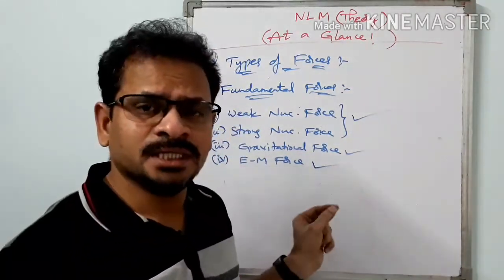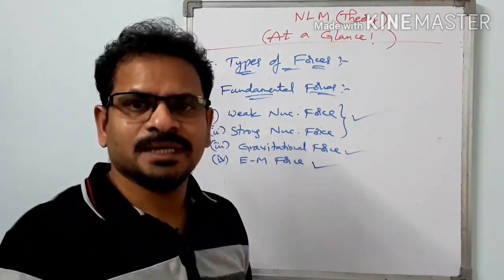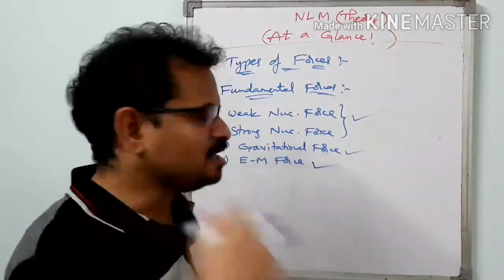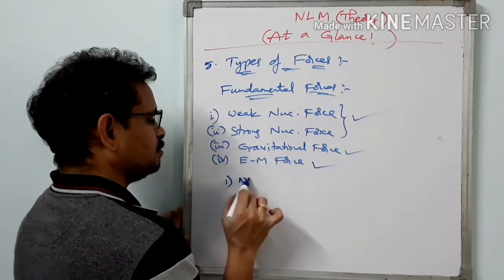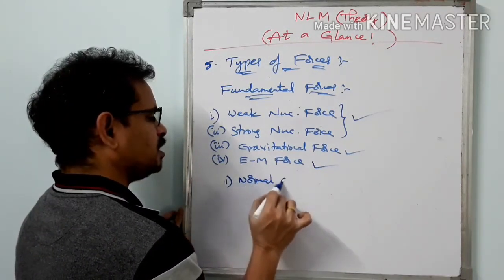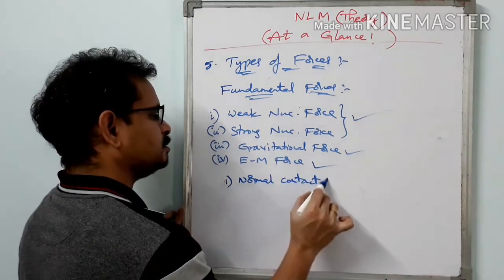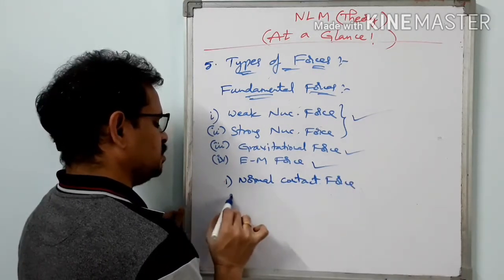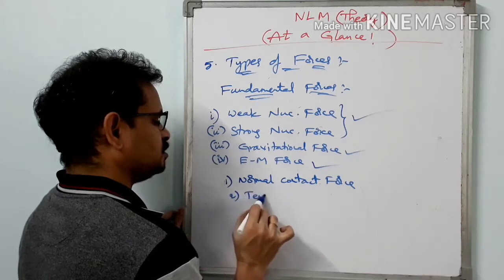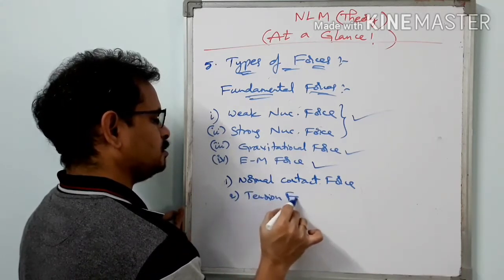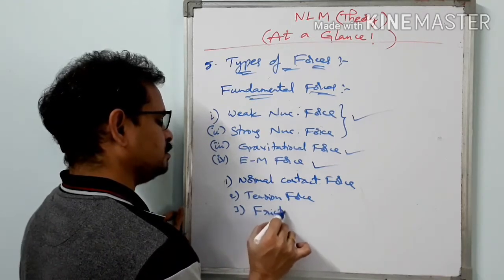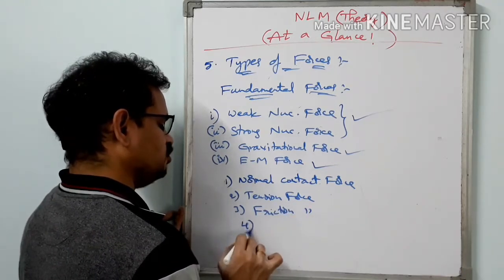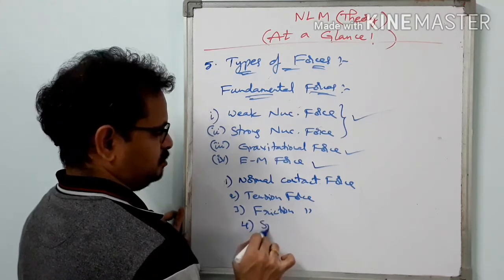Unlike gravitational force, there is no single electromagnetic force. Many forces come under this category. Let us see what those are. Number one is normal contact force. Number two is tension force. Number three, friction. Number four, spring force.